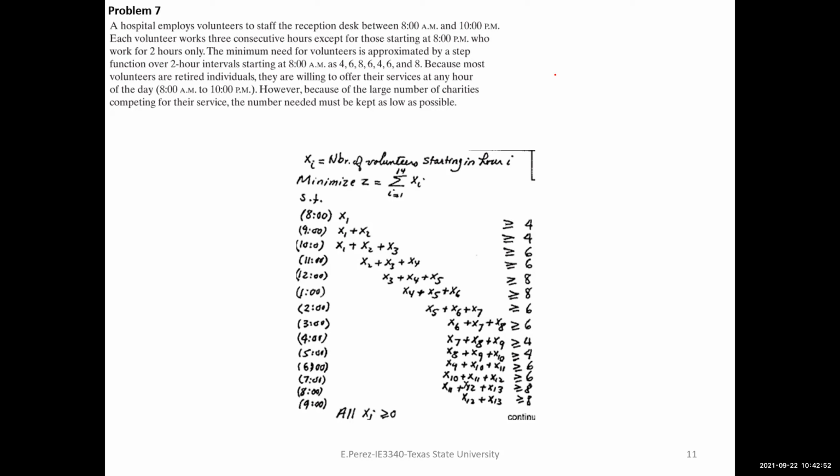So for example, we list the hours 8, 9, 10, 11, 12, 1, 2, and so on up to 8 p.m. If you start at 8, you're going to be working 3 hours consecutively, these 3 hours.